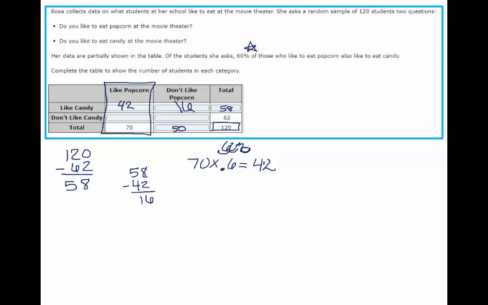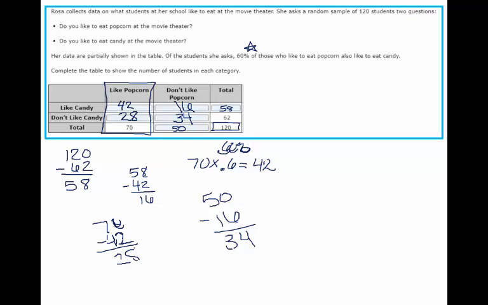And then if we have 50, we could do 50 minus the 16, going, if you look down, because there's 50 that don't like popcorn, but 16 that like candy. Let's subtract those. This would be a 34. And then don't like candy, you could do 70 minus the 42, which would give you a 28. Sorry, this isn't wanting to pop up as I'm writing. I'm not sure why, but 70 minus 42 would make this number a 28.